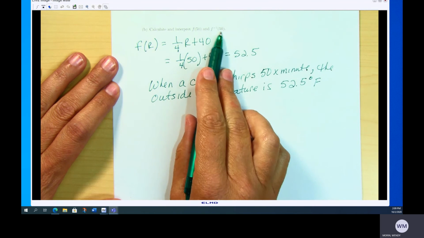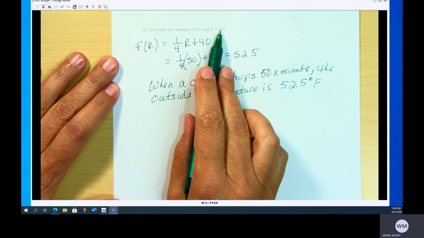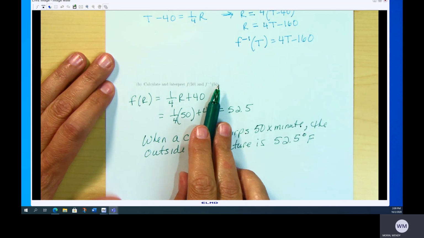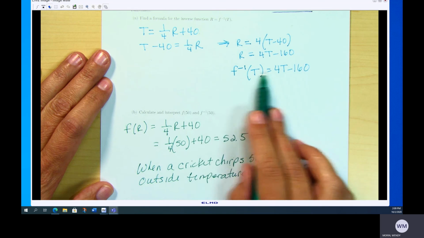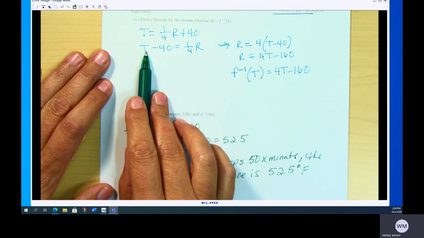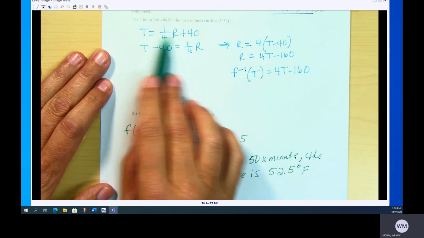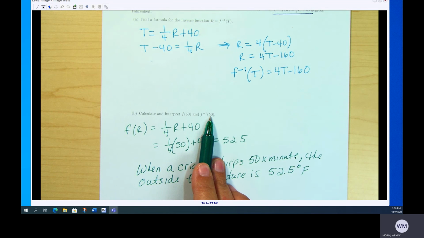But what does this notation mean when this is the given? So this f of -1 of 50, we're going to use this equation. Now you could use this equation, but is this the R or is this the T?